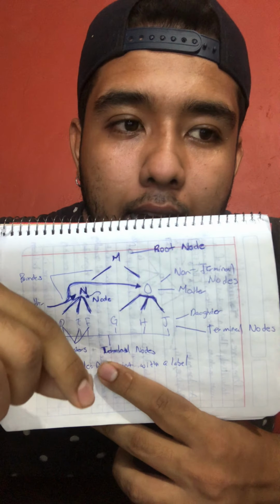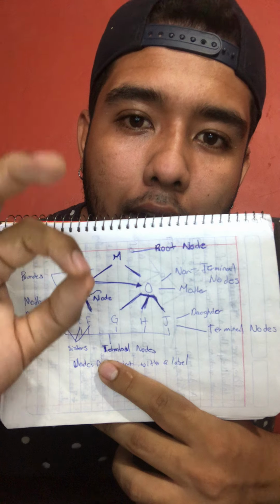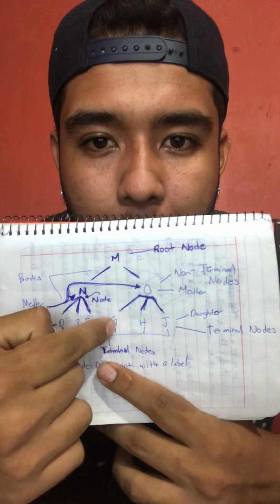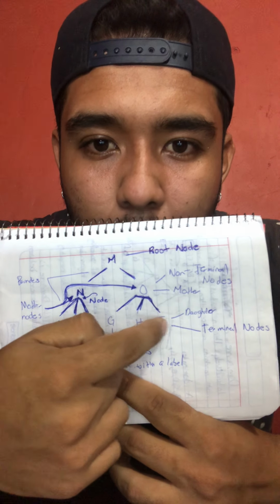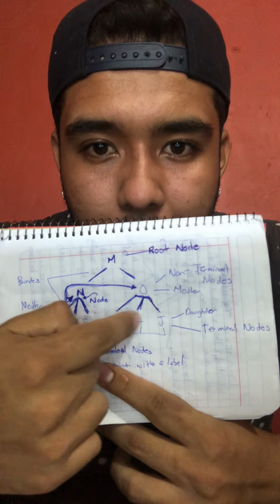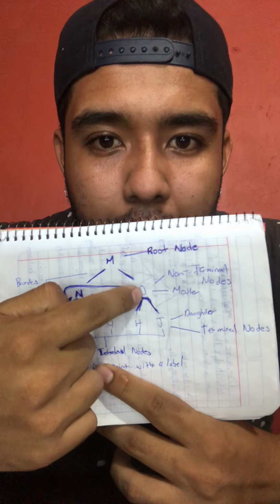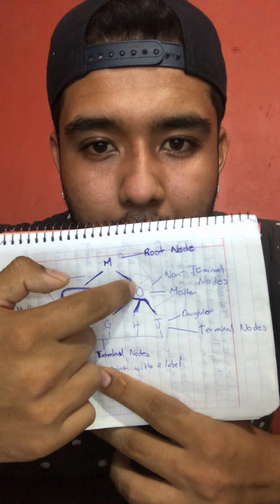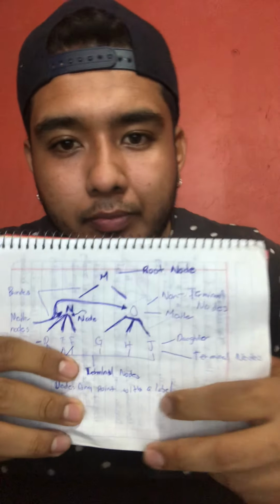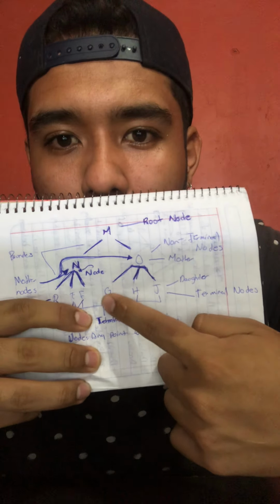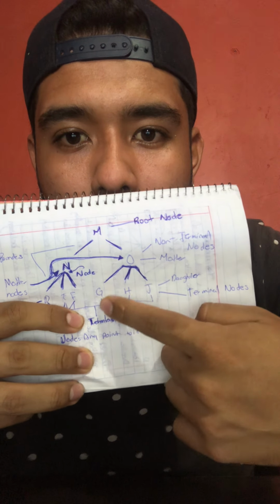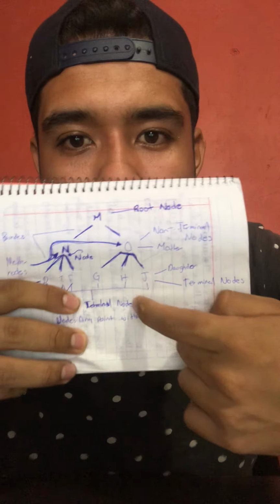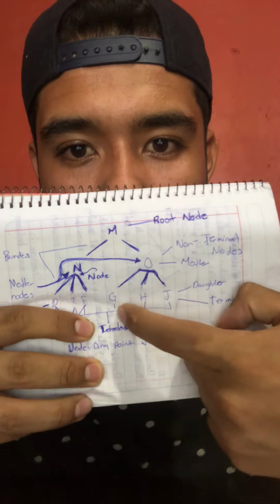But we can call it immediate dominance when we have, for example, those words below a node in this example, and these nodes do not have any other branch or word below them.